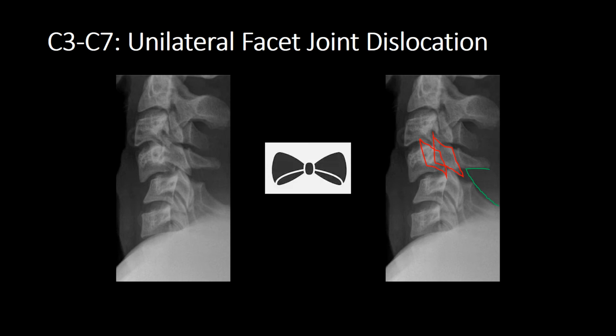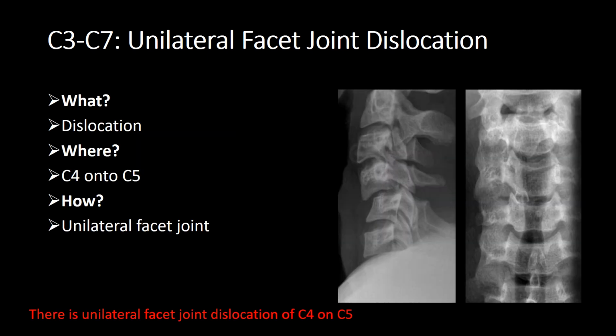Okay. So what is it? It's a dislocation. Where? C4 onto C5. How? Unilateral facet joint. Unilateral facet joint dislocations tend to involve either C4 onto C5 or C5 onto C6. These are the most common locations for it.